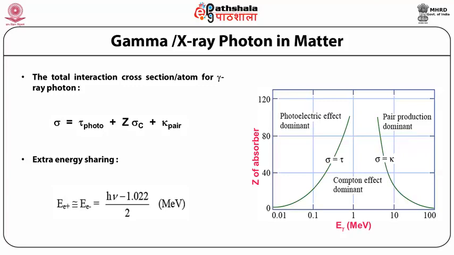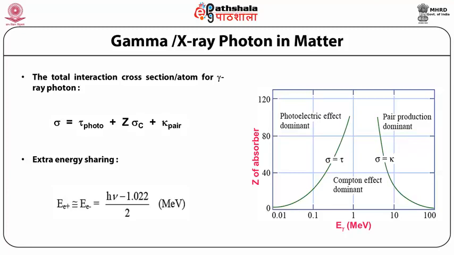In this slide on the right hand side, we can see one picture where the probability of three processes of photon interaction in matter is shown as a function of energy of the photon. So here you can see that the three processes are shown: photoelectric effect, Compton effect and pair production, and it is also shown in which energy regime they are dominant.